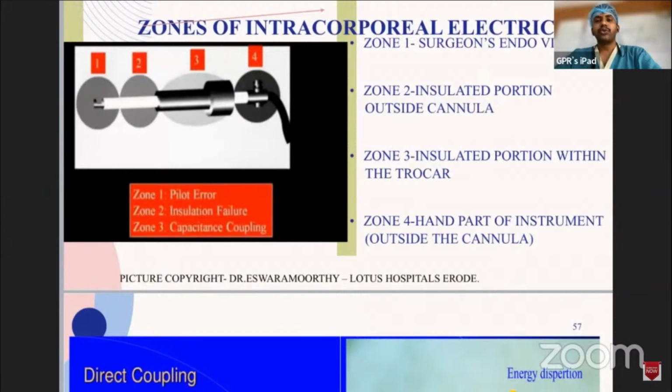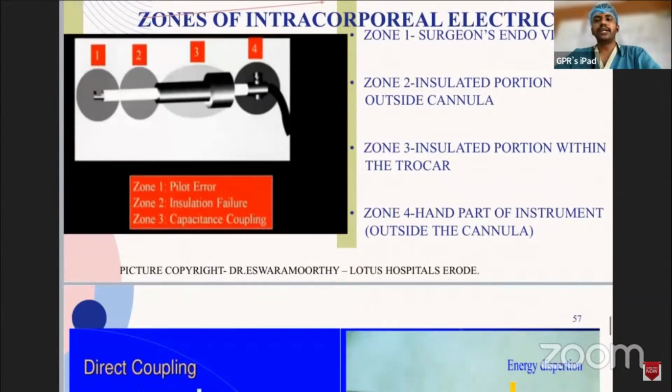Second, it could be in the portion outside the cannula but within the instrument, maybe because of insulation failure. Third could be because of insulation failure within the trocar, also called a trocar injury or capacitive coupling. And last but not least, the handle of the instrument getting an electric burn because of improper electrocautery setup.